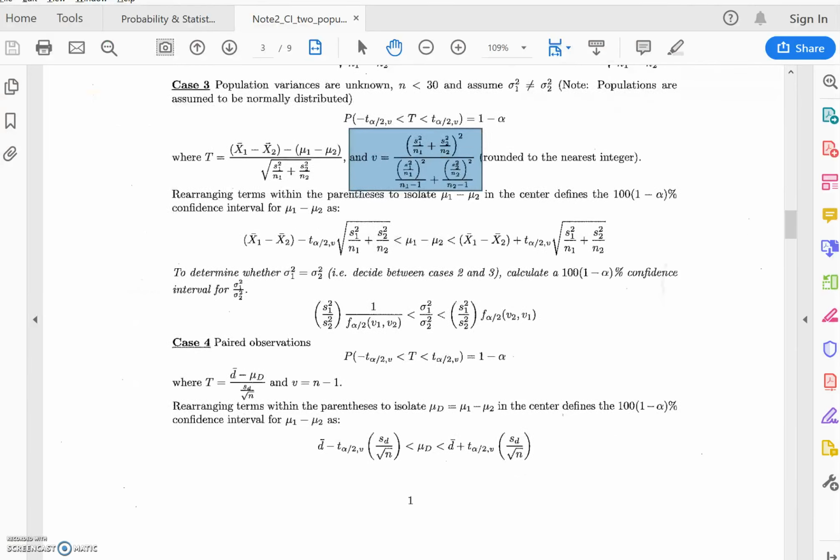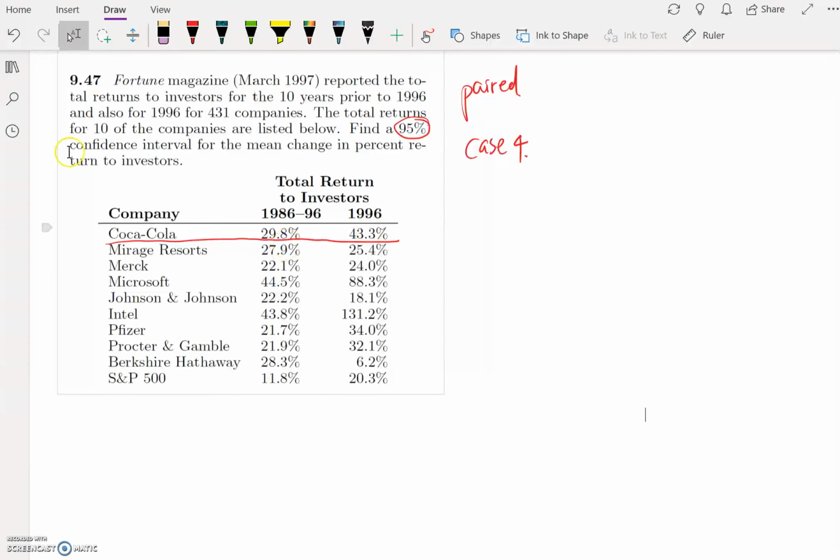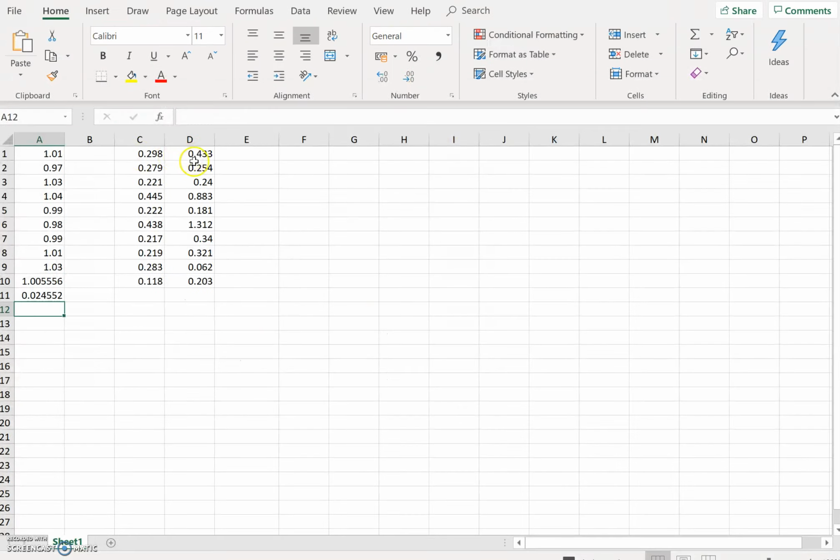To solve the case 4 problem, we need to find the D here, and D is the difference between those two values. We need to use Excel to do the calculation. So this is equal to D1 minus C1.